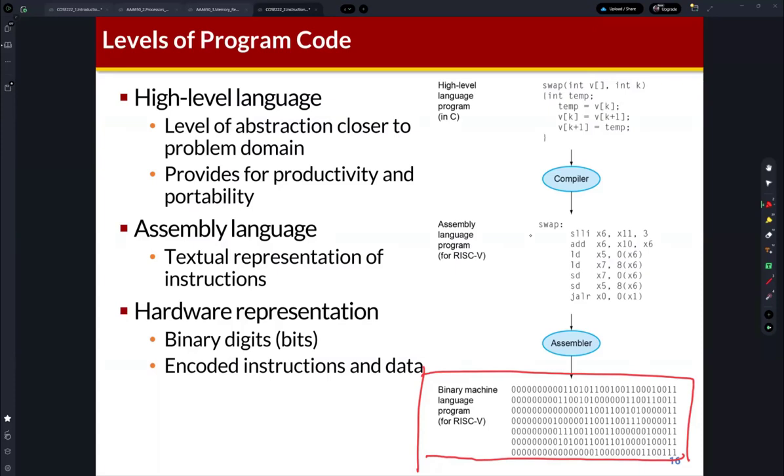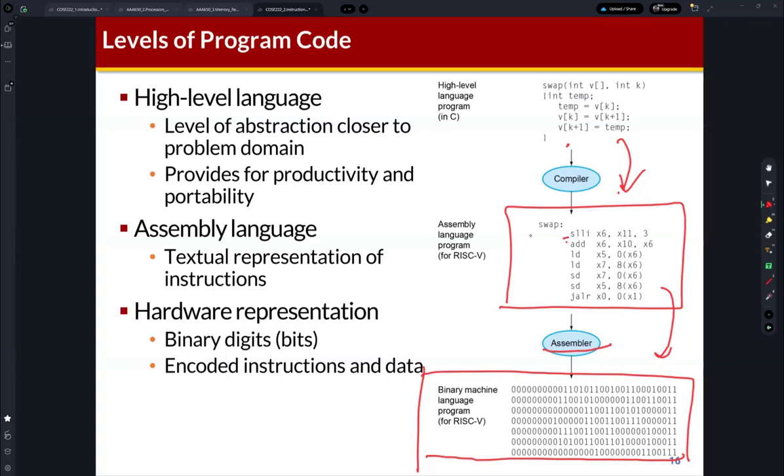So the compiler creates the assembly code from the high-level language code, and then the assembler translates these assembly instructions into machine instructions.